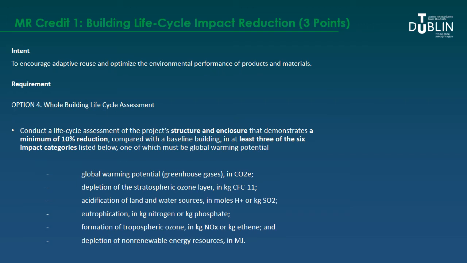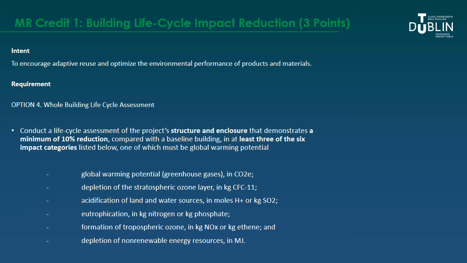Those 3 options of that credit. But the 4th option is where you don't have the option to reuse, etc., that you would do a whole building life cycle analysis. And similarly, again, to the energy and the water, you're looking at a baseline building, so a reference building, and you need to get a 10% reduction compared with that in at least 3 of the 6 impact categories which are listed, and one of those has to be the global warming potential, so that's mandatory.